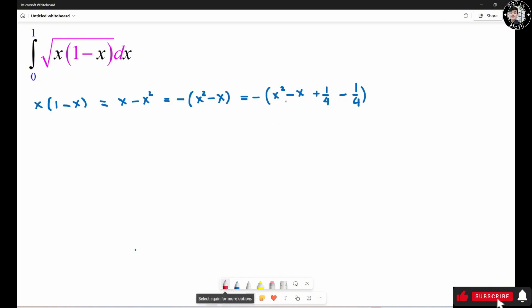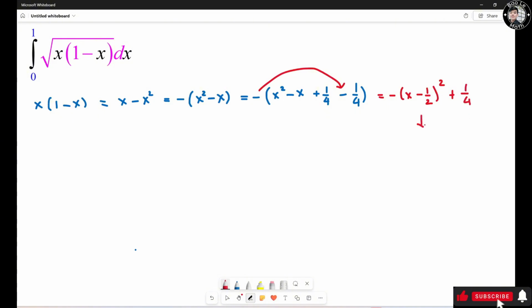Now the first three terms right here become a complete square, so it turns out to be negative of (s minus 1/2) altogether squared. Now I'm going to distribute the negative 1 over here, so it turns out to be plus 1/4.